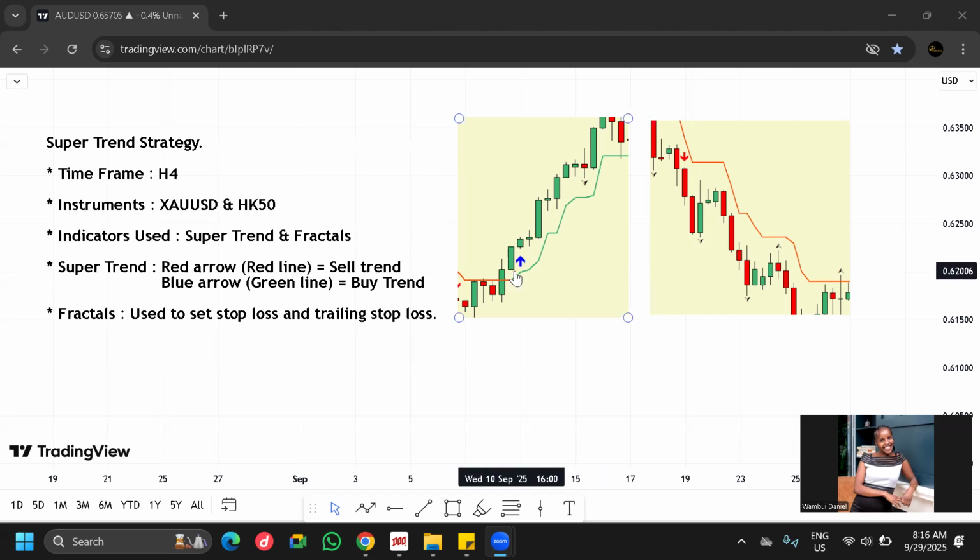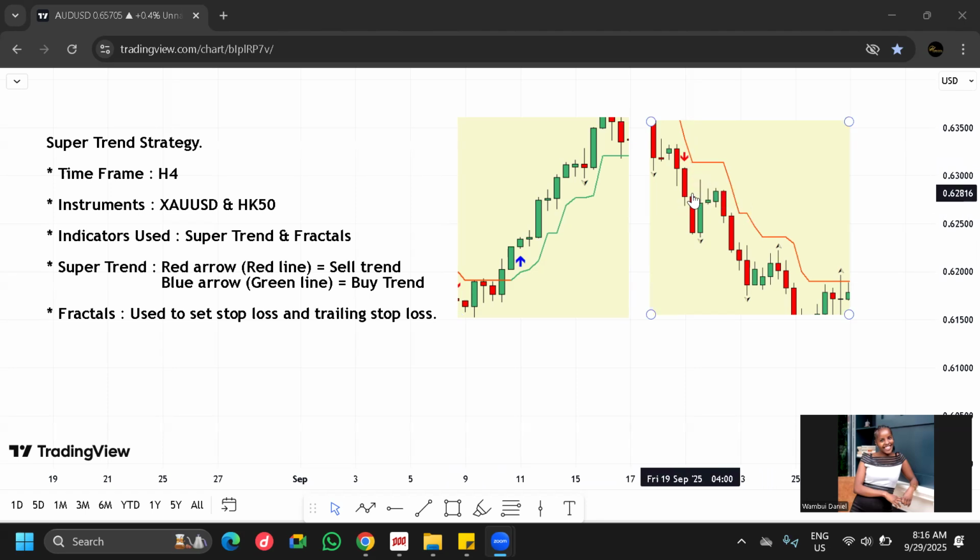So you see here we have the red arrow and the red line. So where does the arrow come in? The arrow shows you at what point this line changed from green to red. So when this arrow is there and the candle has closed, then it means that's where the line changed.